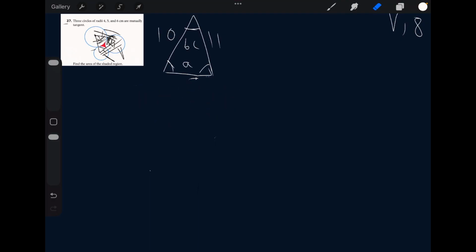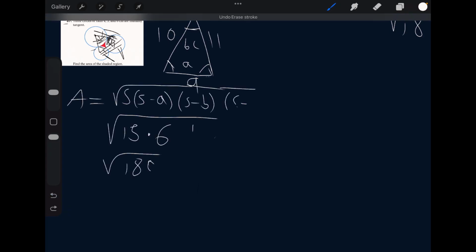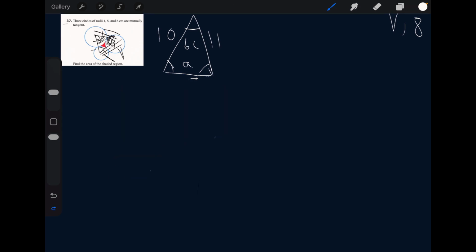Okay, so let's find the angles of this triangle. If we have the three different sides, we can find the angles by simply applying the law of cosines.